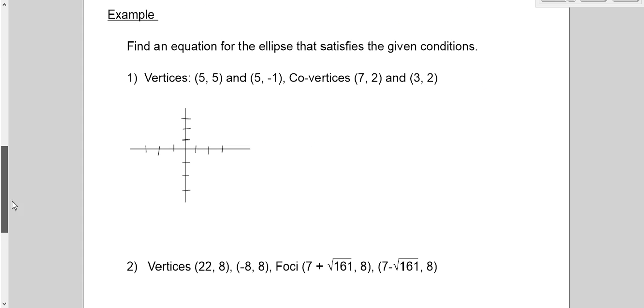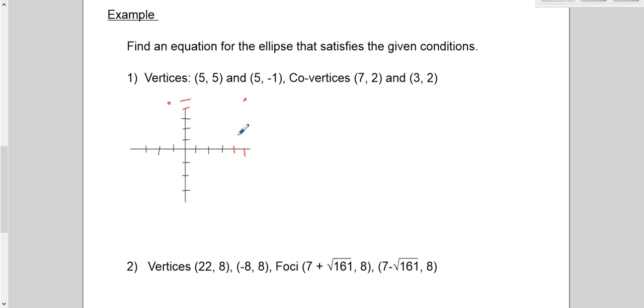Okay, let's look at this example. Find an equation for the ellipse that satisfies the given conditions. If we had the vertices at 5, 5, and 5, negative 1, if we just kind of sketch this out, 5, 5, and 5, negative 1 would be there.